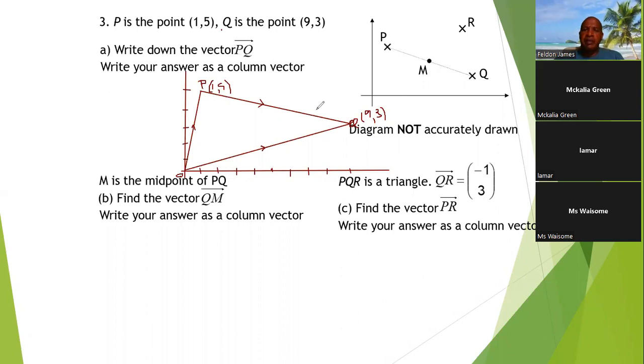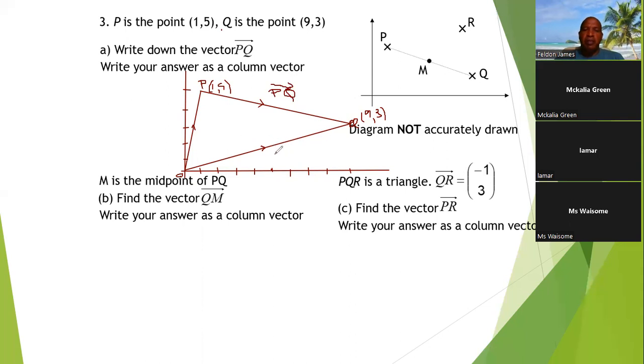Now you have to be able to know if they ask you to write it in column vector, it means that they want the coordinates. If they ask you to write the magnitude, it means that you have to use the Pythagoras theorem formula. So you're going from P to Q. So this is a vector PQ.